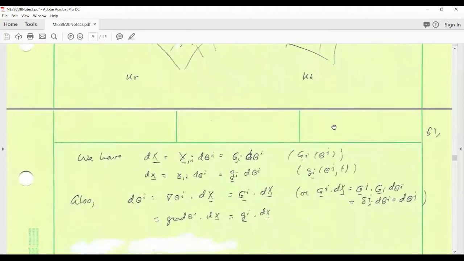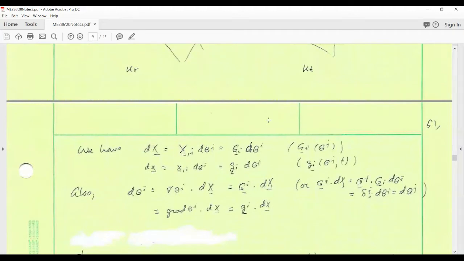Okay, well, we can proceed as we did in the earlier, purely geometric discussion in Euclidean space, to write, for example, the differential dX using the chain rule as capital X comma I d theta I, and that brings in our referential basis times d theta I. Likewise, we can do the same with the current position, dx at fixed time, so we're holding time fixed, so dt would be 0.